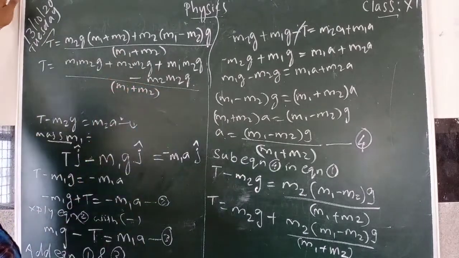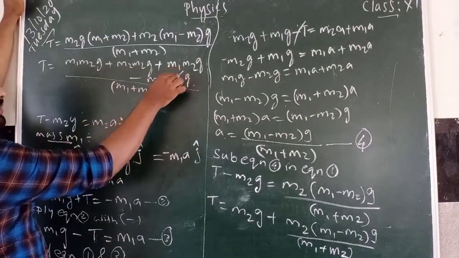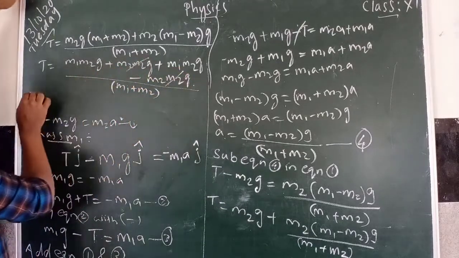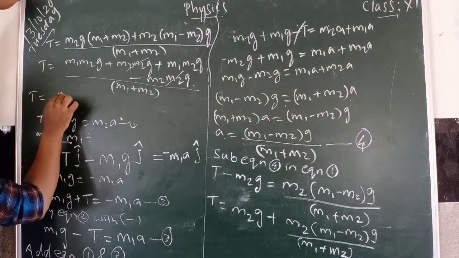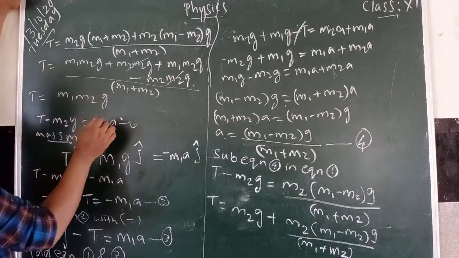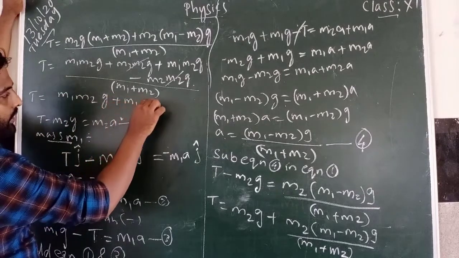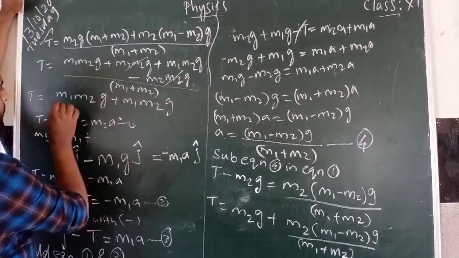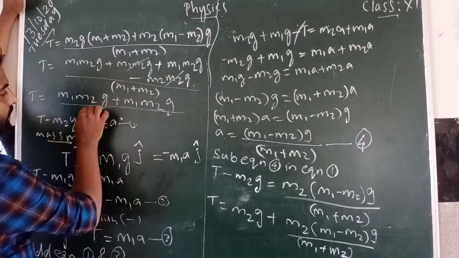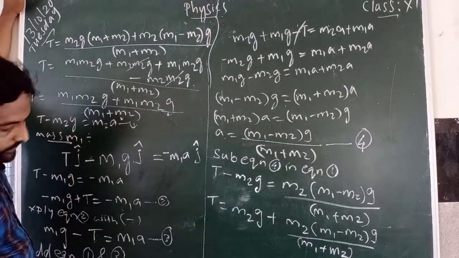Now you know plus M2 M2 G minus M2 M2 G cancel. So T is equal to M1 M2 G plus M1 M2 G divided by M1 plus M2.